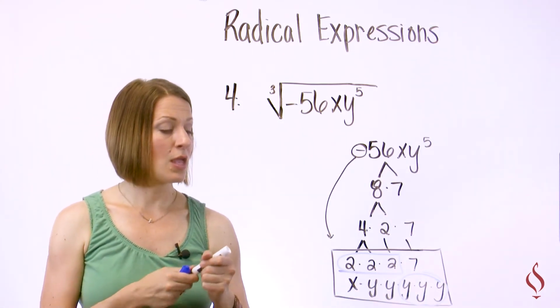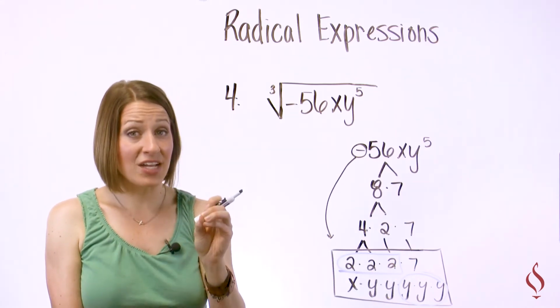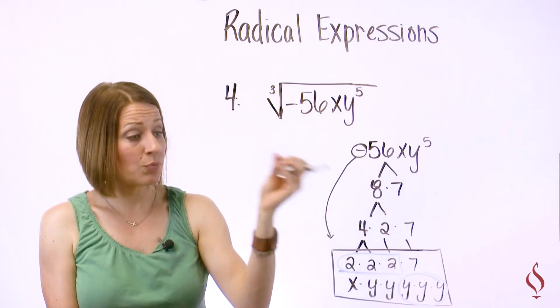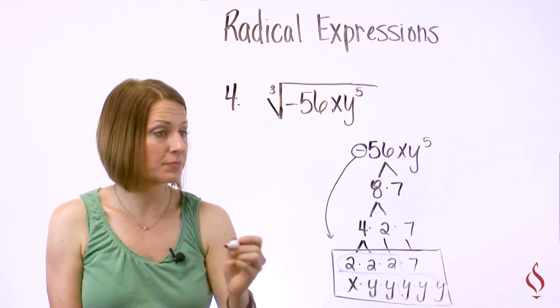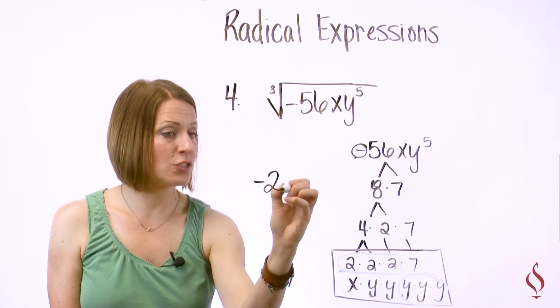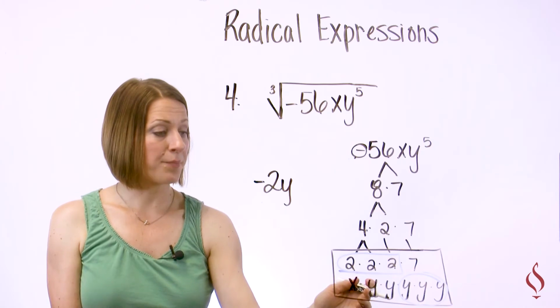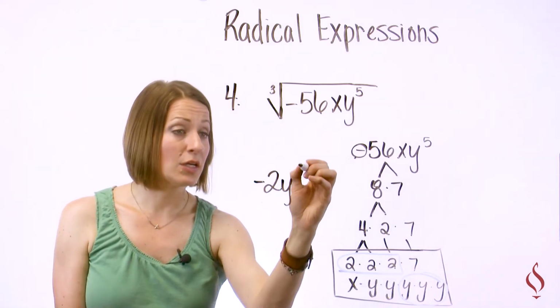Okay. When we pull out this set of 2's, we're going to attach the negative onto it because we're going to pull it to the outside. I'm going to run out of room here. We're going to write negative 2y because this represents our sets of 3.